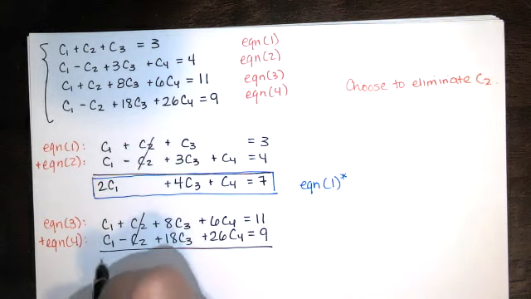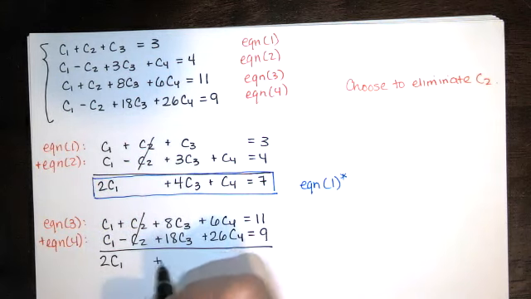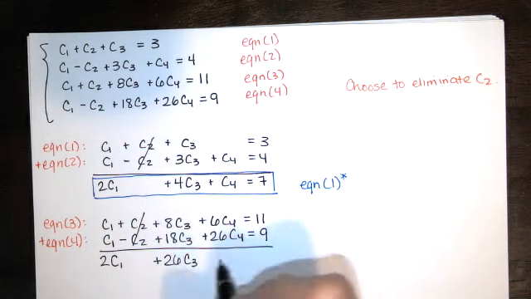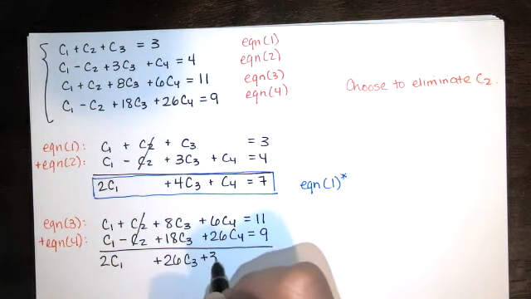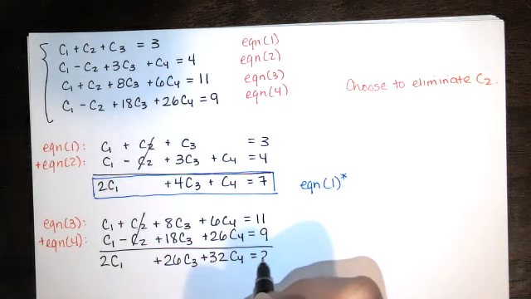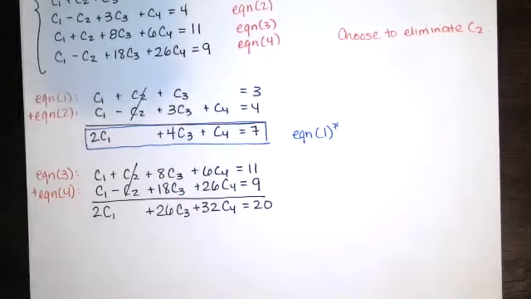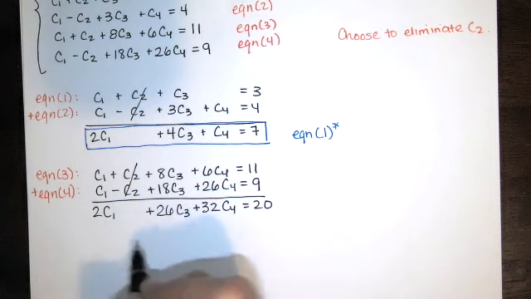The C2s reduce, and we end up with 2C1 plus 26C3 plus 32C4 equals 20. Could just leave it like that. I notice all of these numbers are multiples of 2, so I will divide by 2.